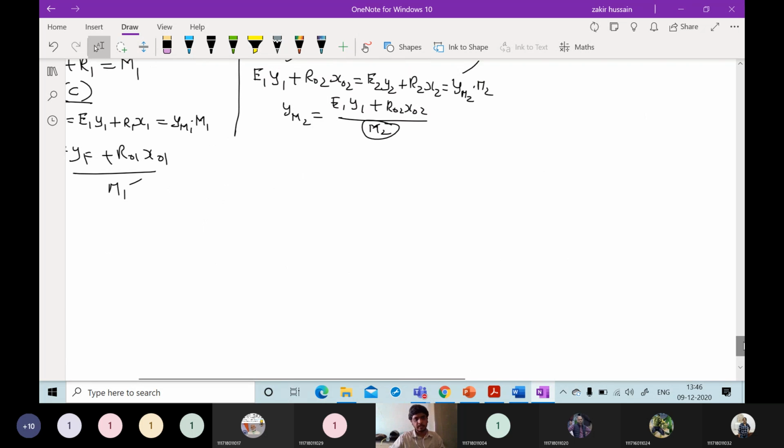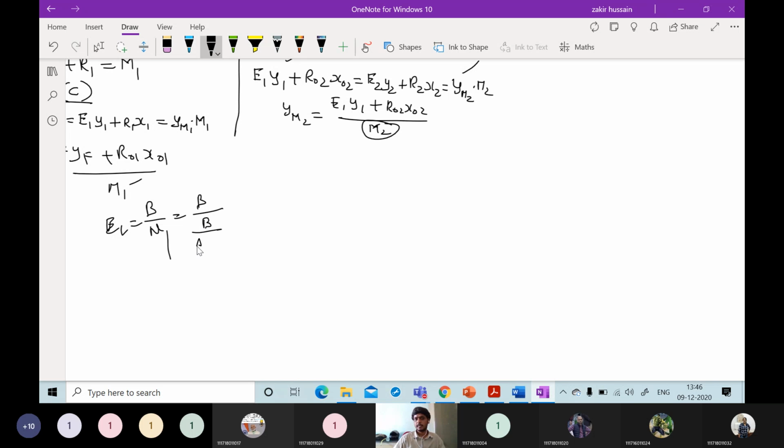So one more equation we can write. Since we already know this one, E1 is equal to B by N1. Why is E1 equal to B by N1? B is equal to B units, then the N1 formula is B by A plus C. So B will be cancelled, and it is going to be only A plus C. Because of this, E1 is equal to B divided by N1, since B is going to stay the same in the overall operation.